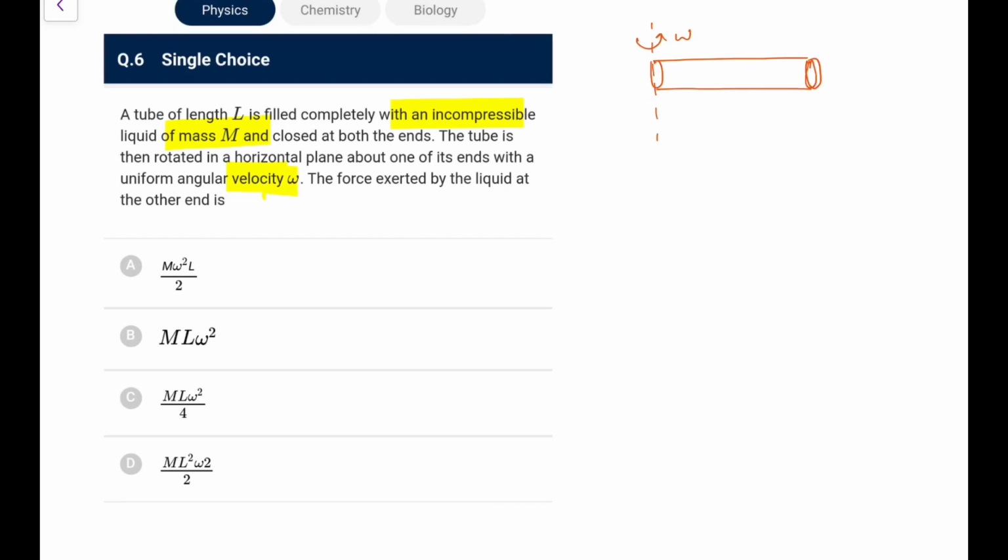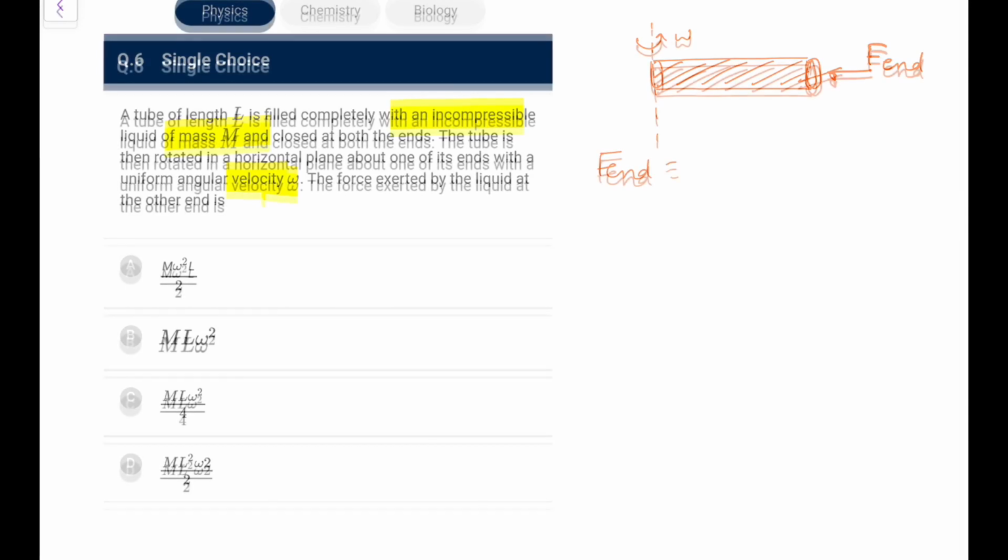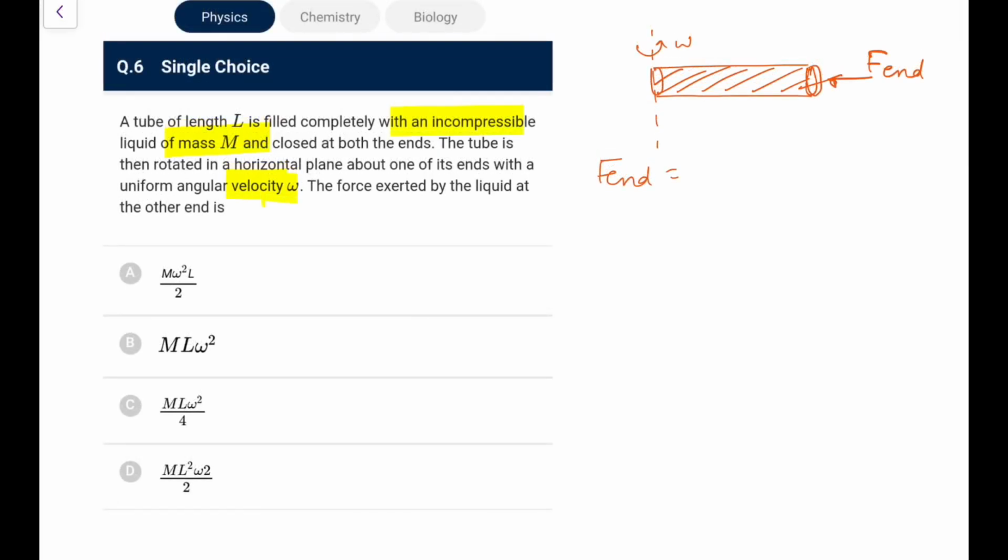So the best thing is, see this liquid as a system, and this would be the additional force that would be acting from the end, and that would be the centripetal force. So this F from the end would be equal to the required centripetal force. Now how to find this required centripetal force? Just go at a distance x, take a small element like this. I say this is dm, dm would be m by L into dx.